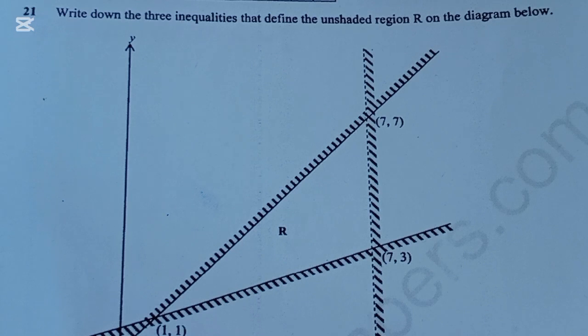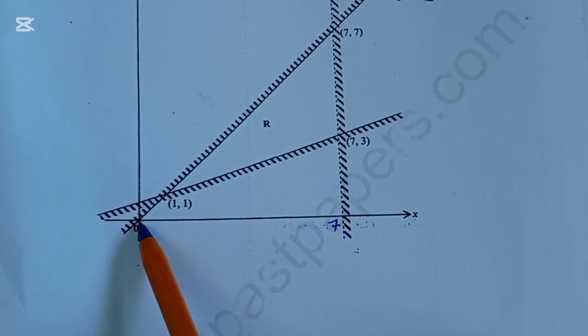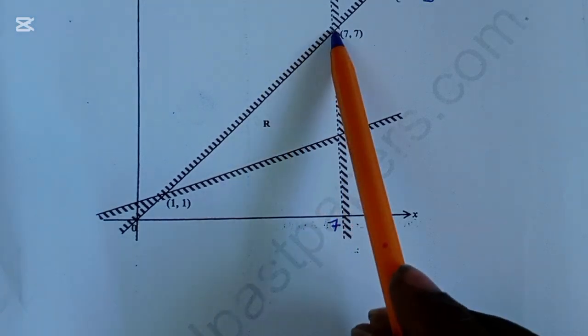Question 21. Write down the 3 inequalities that define the unshaded region R on the diagram below. We have this line which passes through 0, 0, 1, 1, and we have 7, 7.